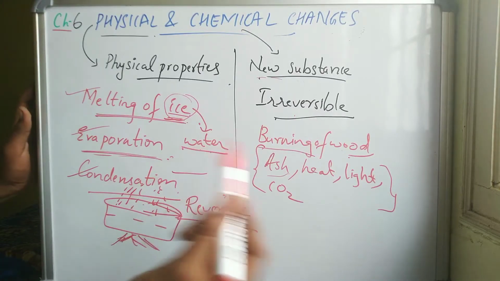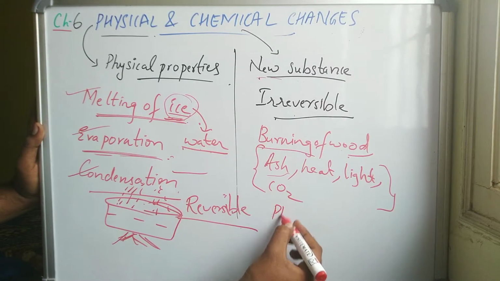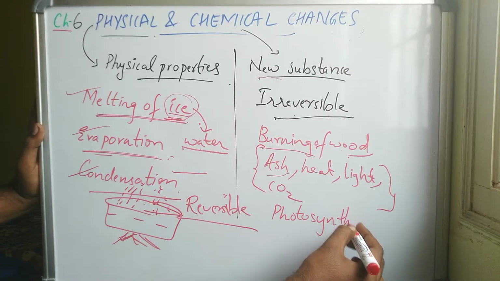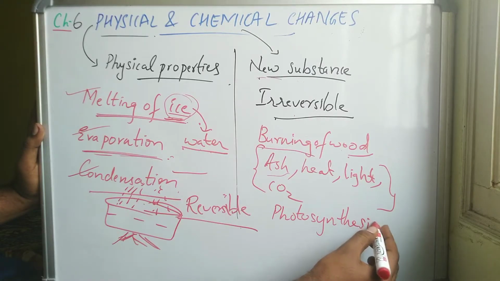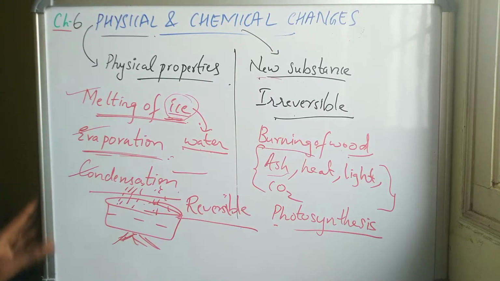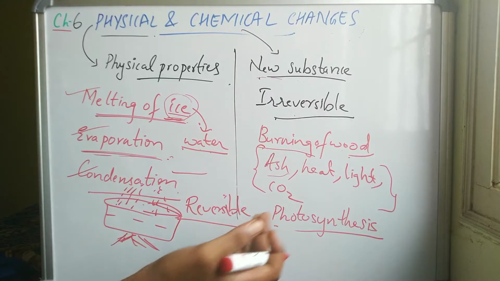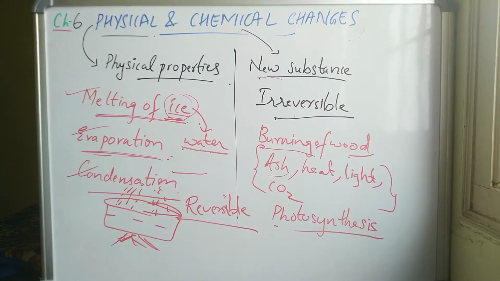What about photosynthesis? Is it a chemical change or physical change? Photosynthesis is a chemical change because new substances are formed. What are the new substances?